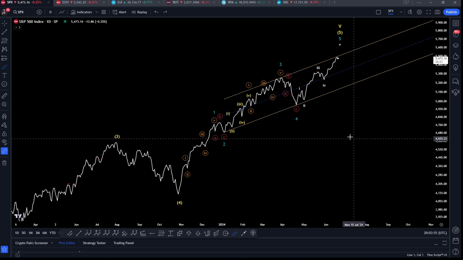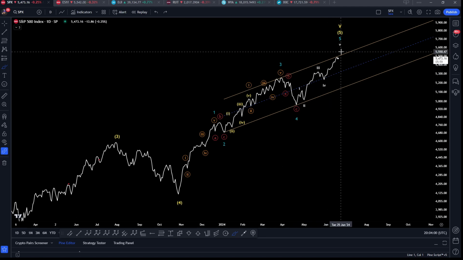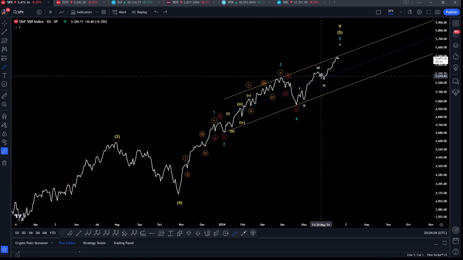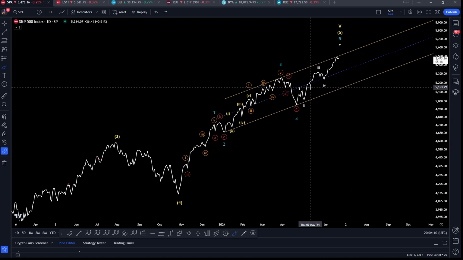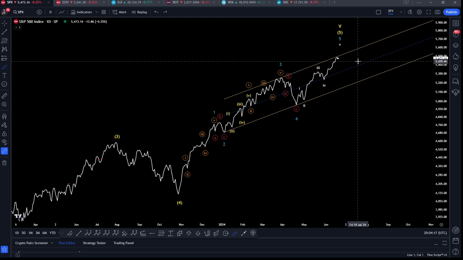And a 5th wave. There are no extensions in this 5th wave. If anything, you can call it a 5th wave extension, maybe, but not really, because it's the shortest wave.